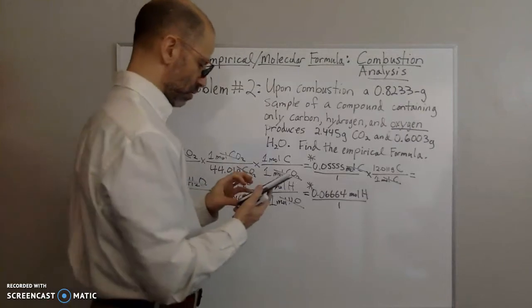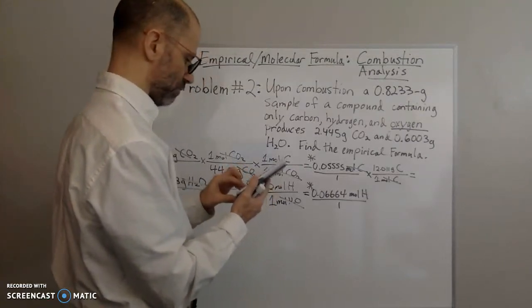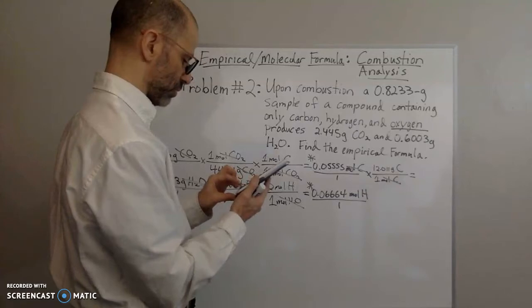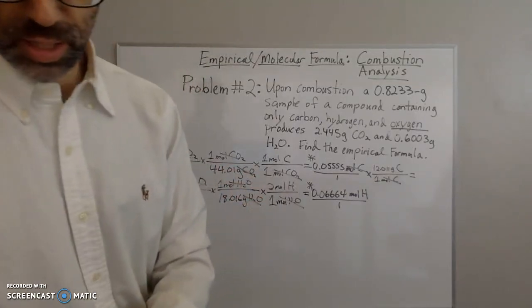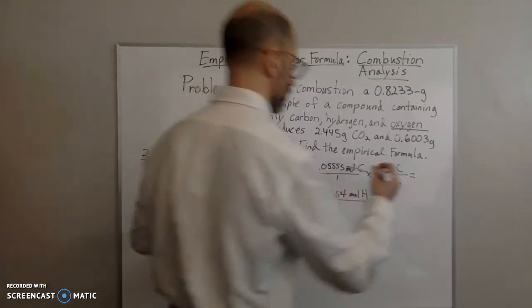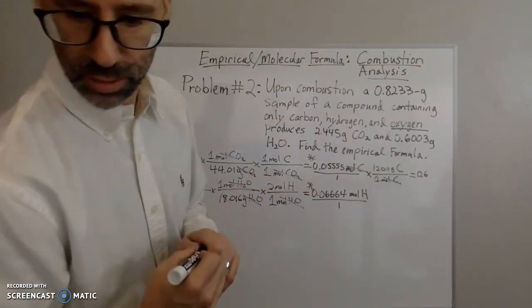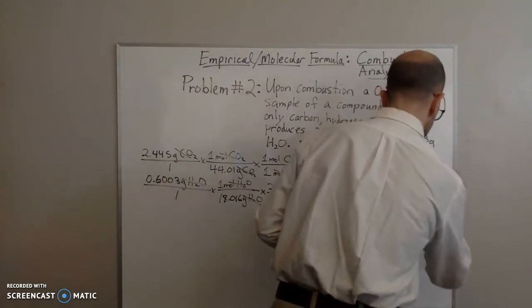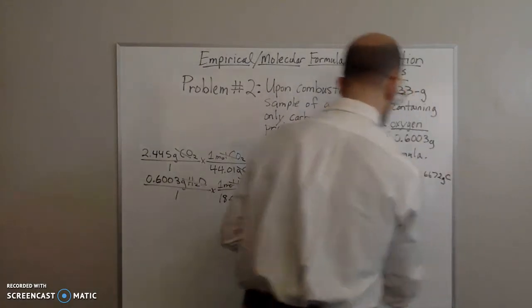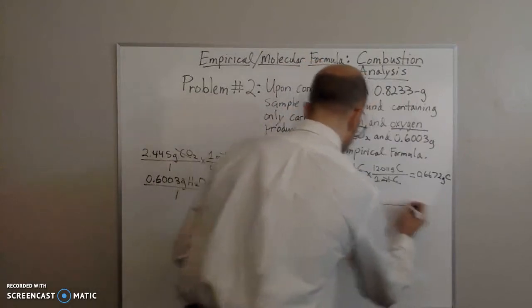So 0.05555 times 12.011 equals 0.6672 grams of carbon.